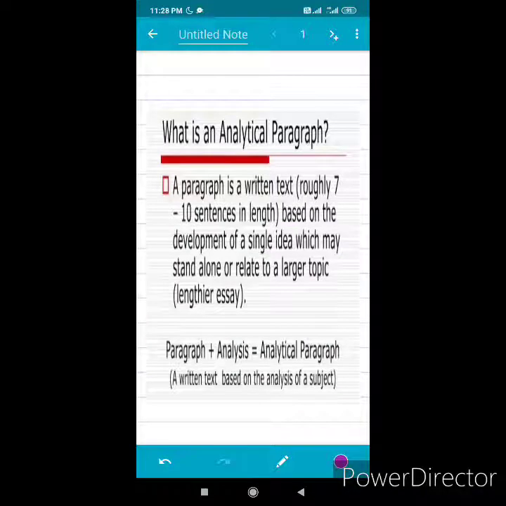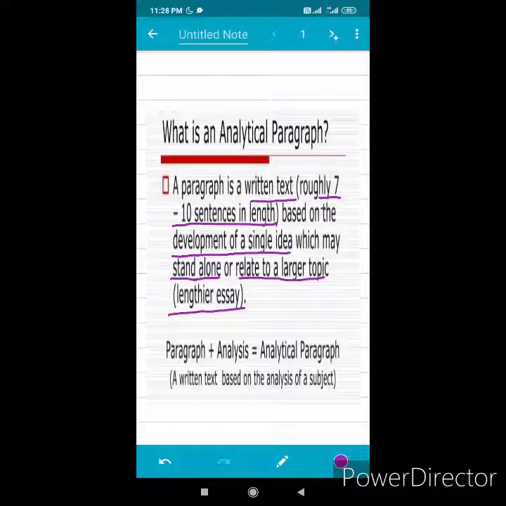Children, one more thing I want to tell you about the analytical paragraph. What is an analytical paragraph? It is a written text, roughly 7 to 10 sentences in length. It is based on the development of a single idea which may stand alone or relate to a larger topic, that means a linear essay.